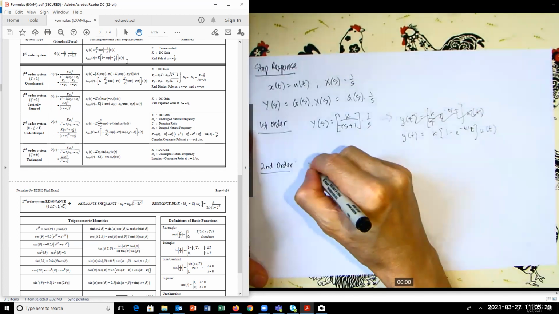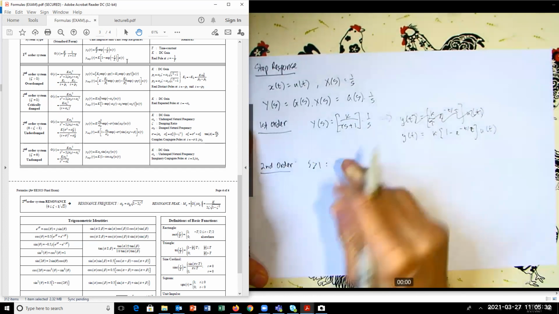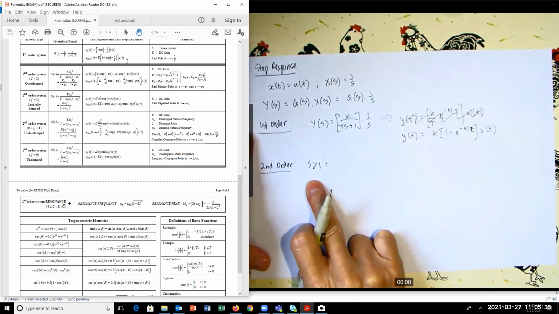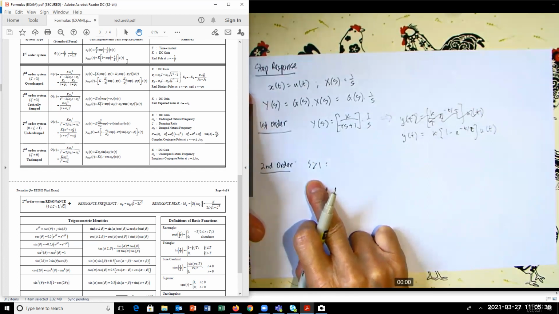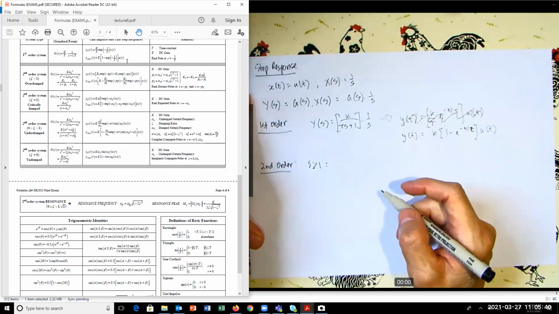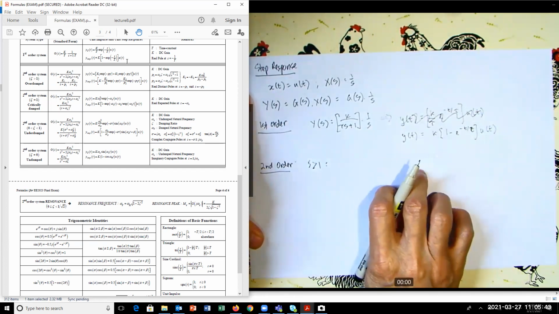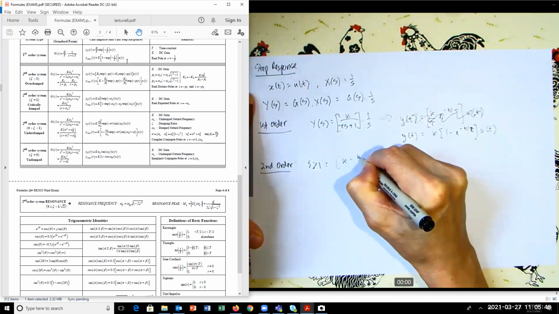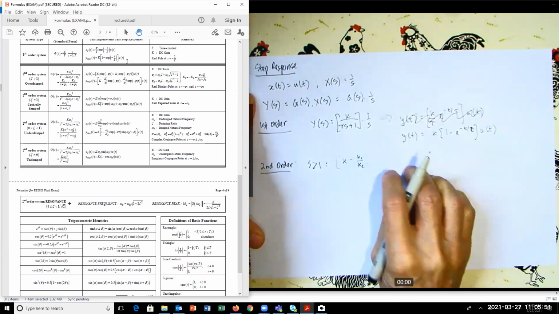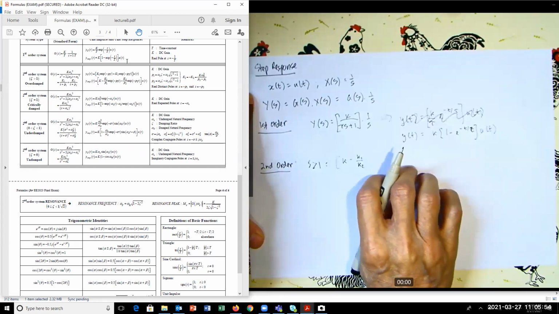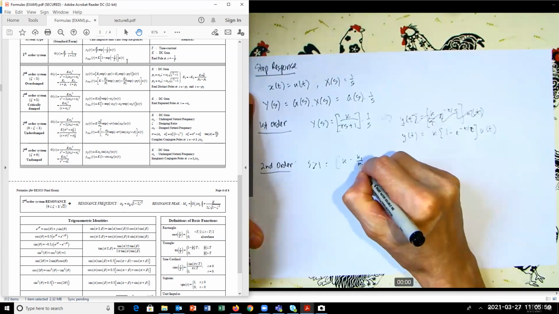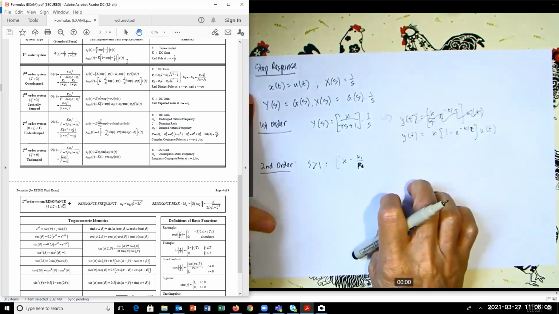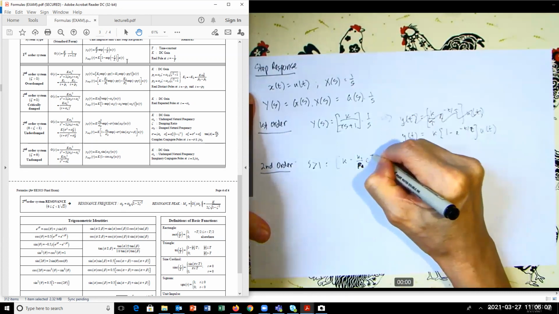The first one is for the overdamped case, zeta greater than 1. If zeta is greater than 1, your output will be K minus K1 over P1, sorry, not K2, P1, e to the minus P1 t. We will tell you what K1 and P1 are.